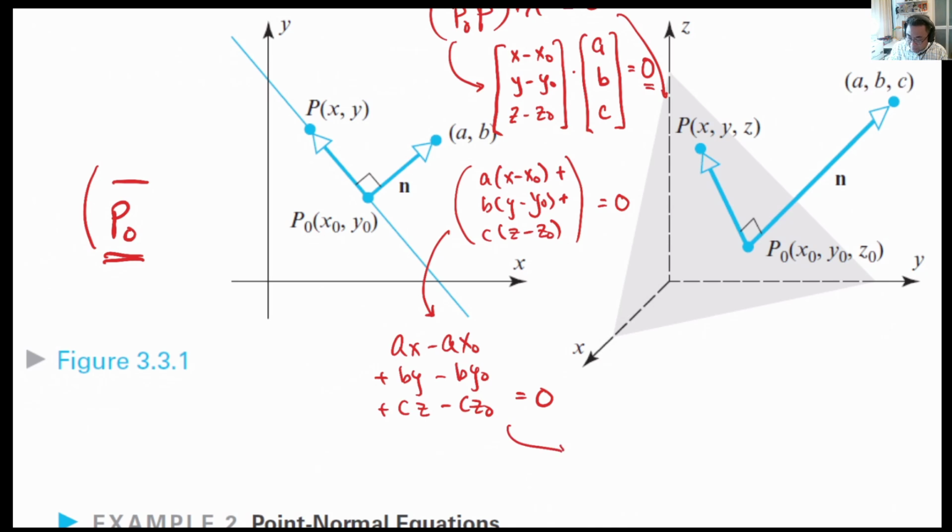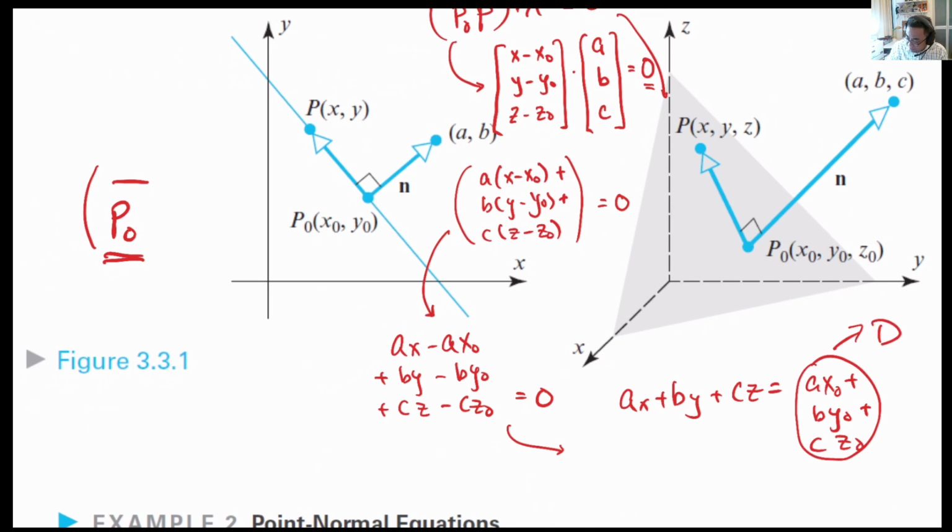We then move the variables to one side. We have ax plus by plus cz equals ax0 plus by0 plus cz0. Since these are all just numbers, we call this d.